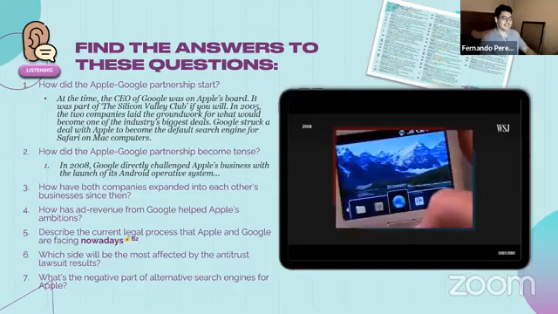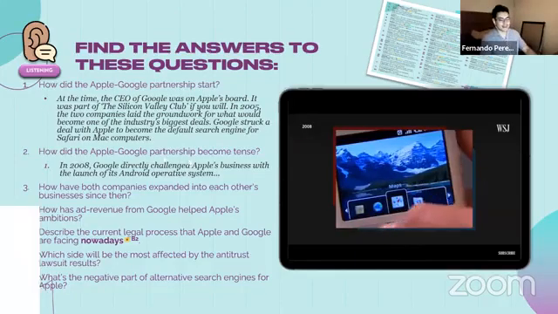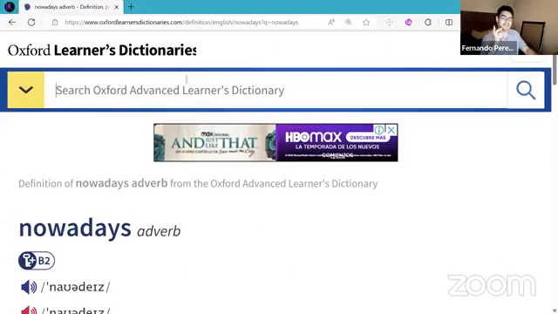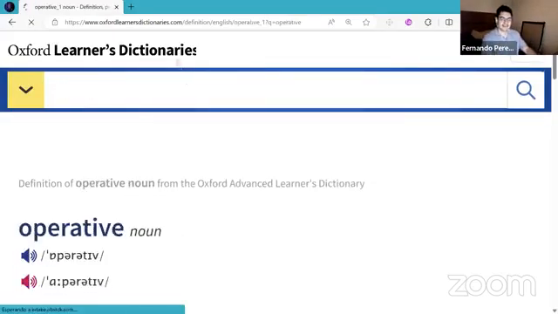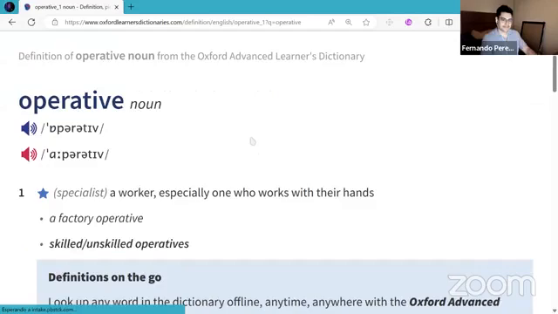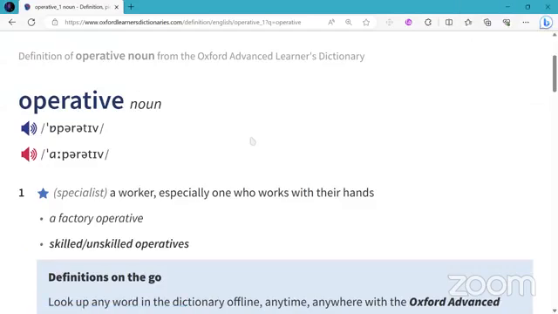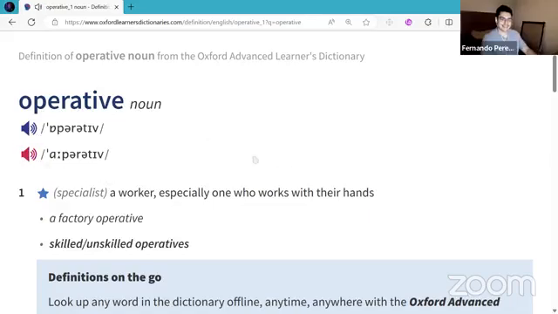You need to pay attention to the previous partners, because they pronounced it correctly. Operative. Exactly.